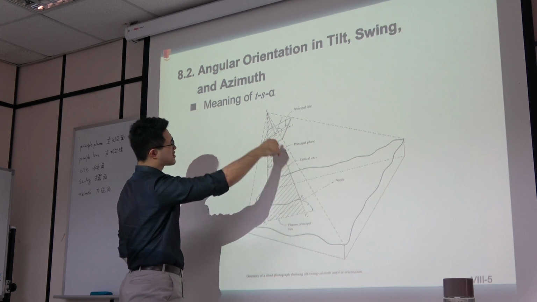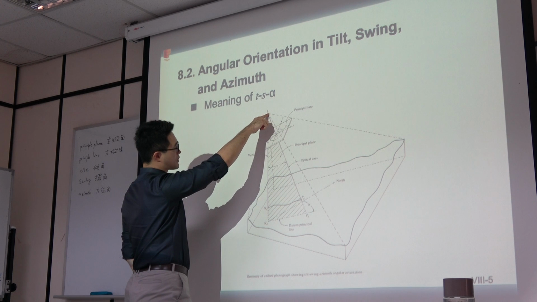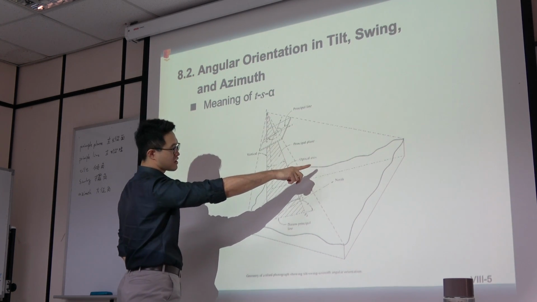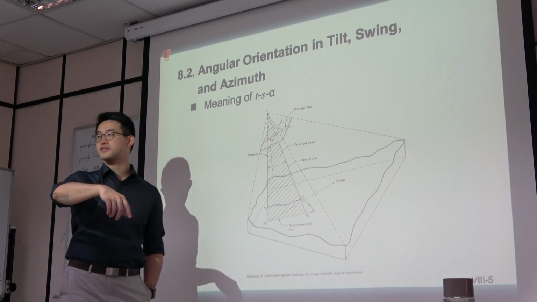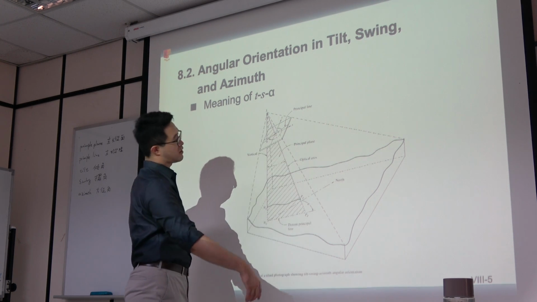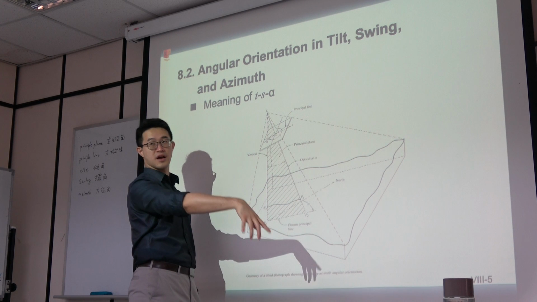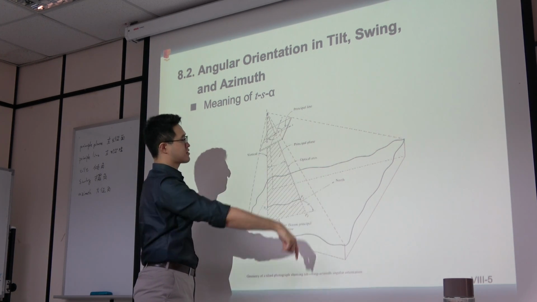This is just a line from the perspective center, drawn perpendicular to the image, and that line is the optical axis, which in Chinese is called 光轴. Optical 就是光学的意思，光轴，光轴。Or you can just call it the camera axis, where the camera is looking at. So that's the axis of that.